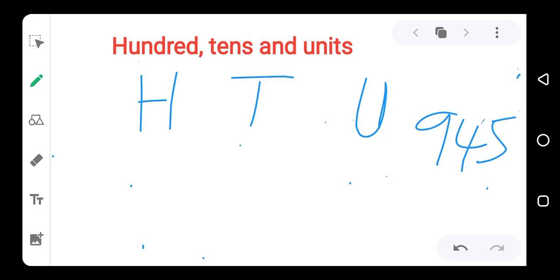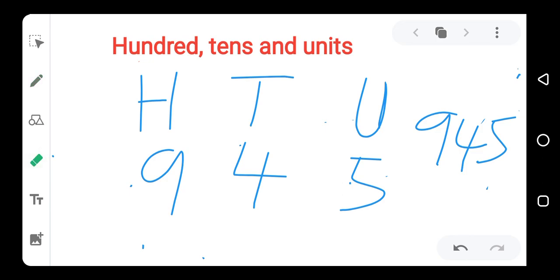First of all, we know that it has 3 digits. So one must be under units, one under tens, and one under hundreds. So we put 5 under units. 5 is the first number. Then 4 is the second one, we put it under tens. And then 9 is the last number, we put it under 100. So it becomes 945.